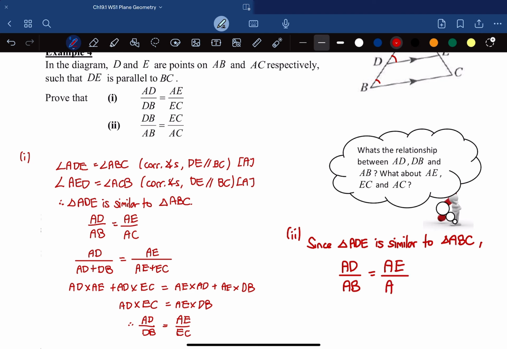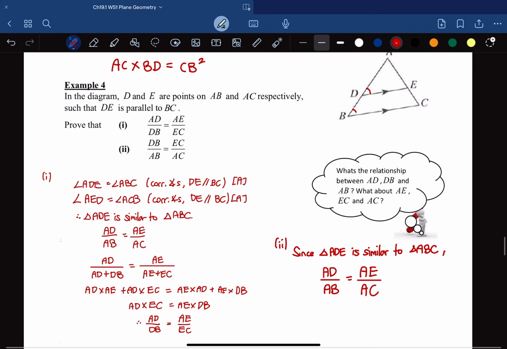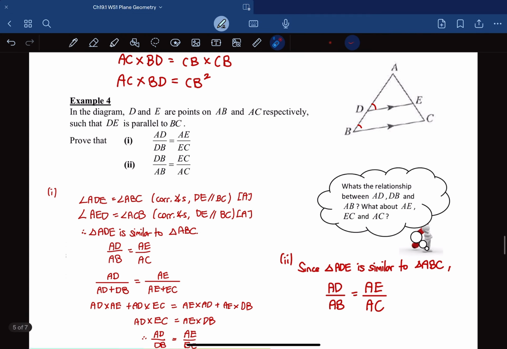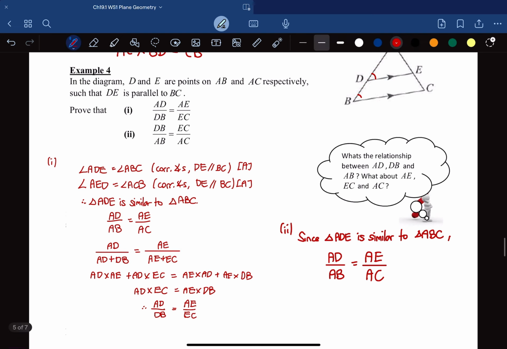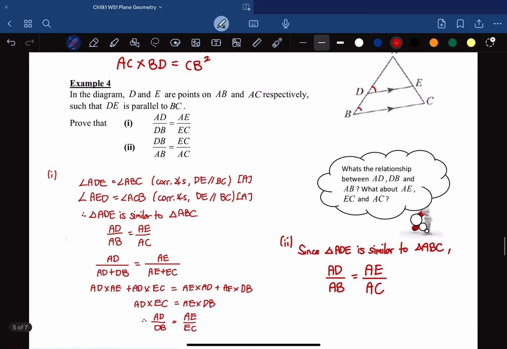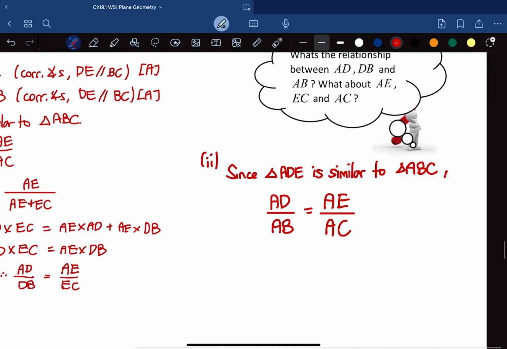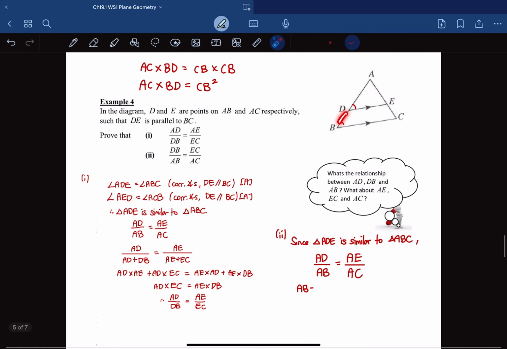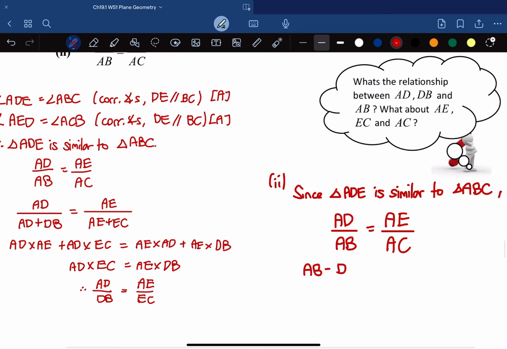Okay. Then we know that this question wants us to get DB, and this AB is made out of AD and DB. So I can rewrite this: AD is simply the entire length AB minus this bottom part here, DB. Okay, DB over AB.